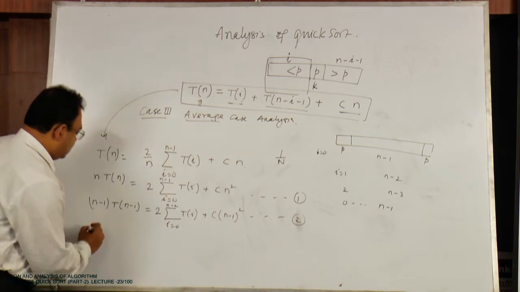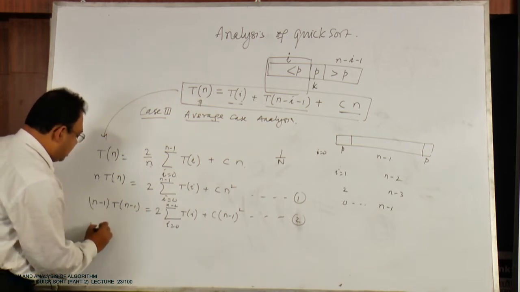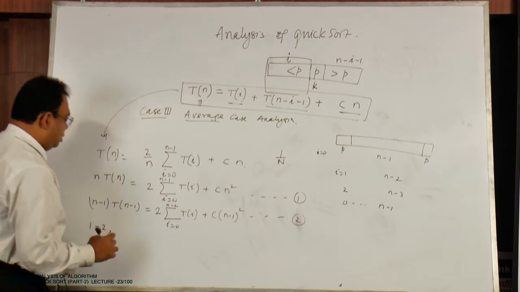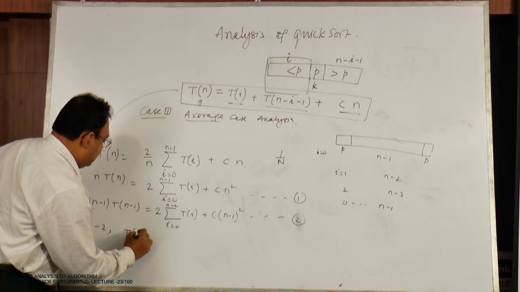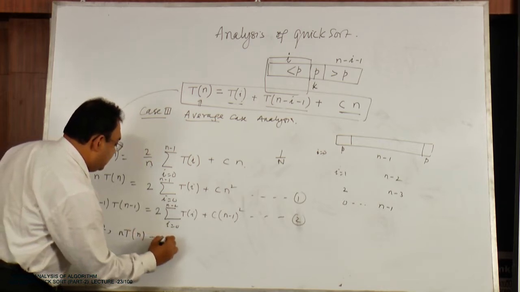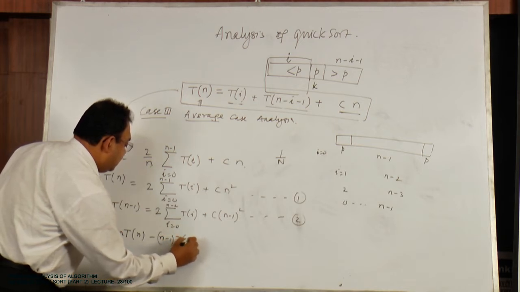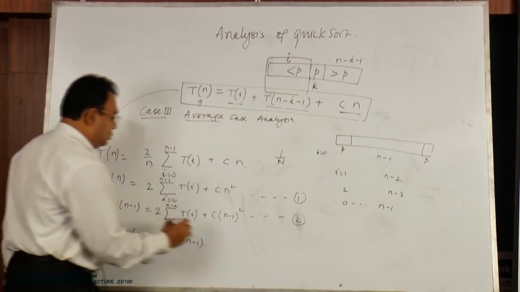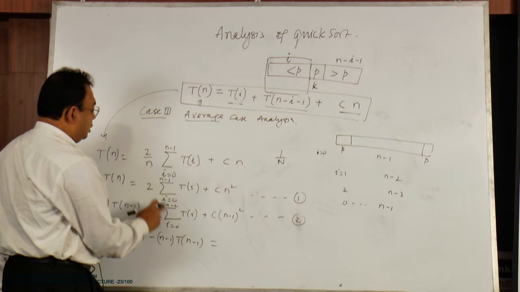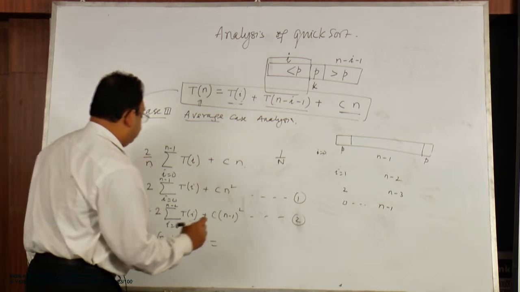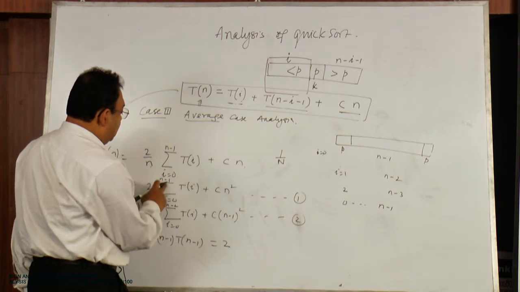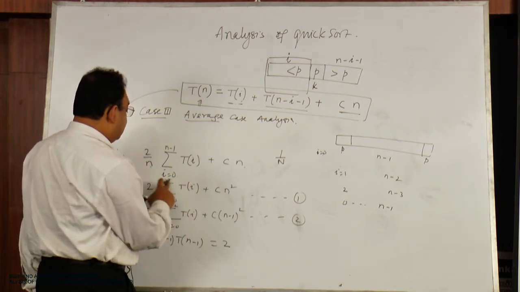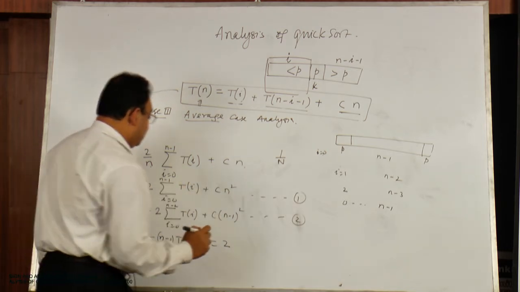Now, if you subtract 2 from 1, that is, after making 1 minus 2, we have n T(n) minus n minus 1 times T(n minus 1), that is equal to, from these two, only the term when i is equal to n minus 1 is left.